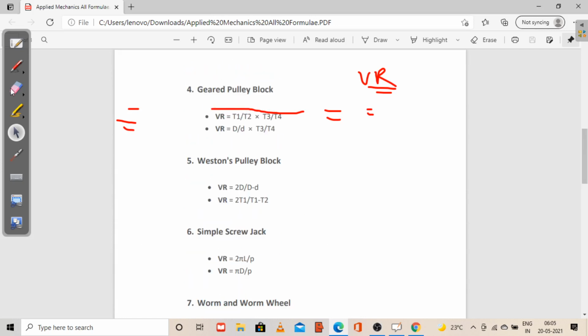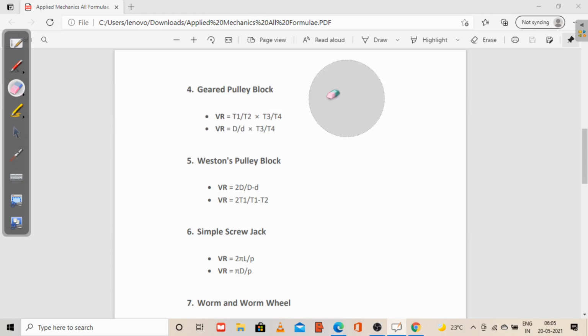Here is Weston's pulley block. I know the formula, but to avoid mistakes I'm taking the help of this formula sheet. If teeth are given on the pulleys, then you have to take the second formula, but they have not given this.